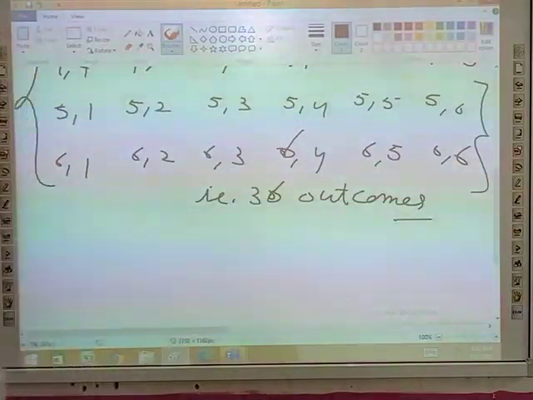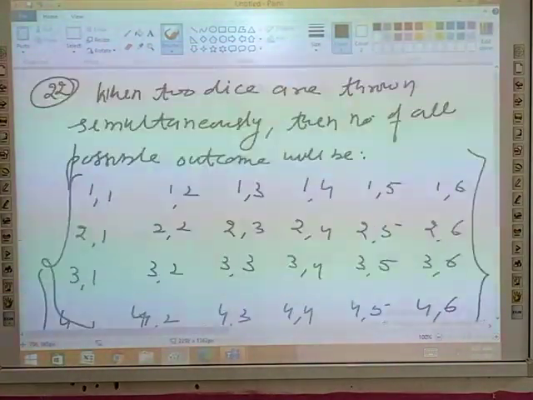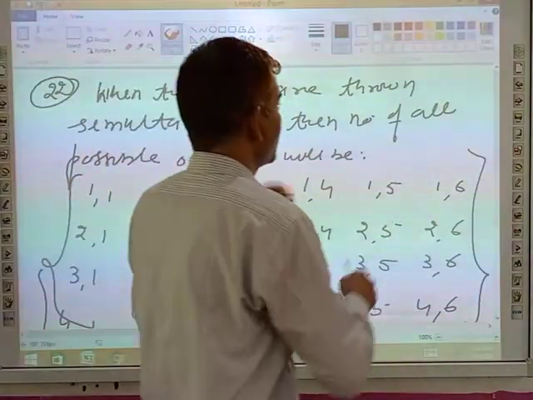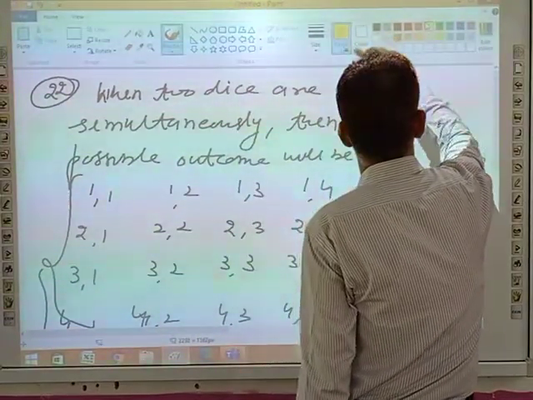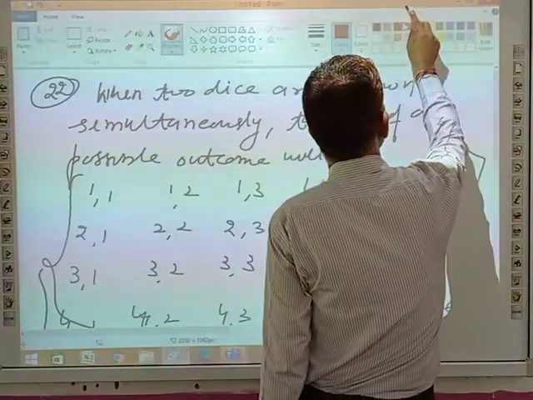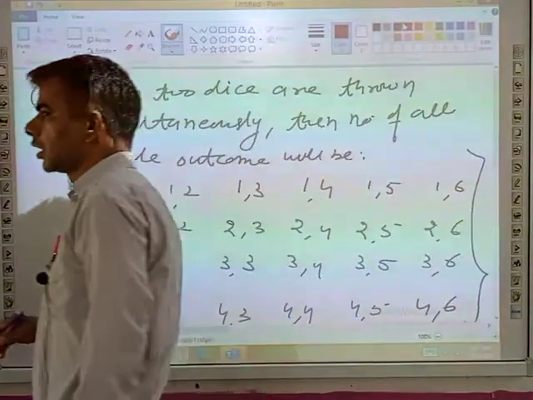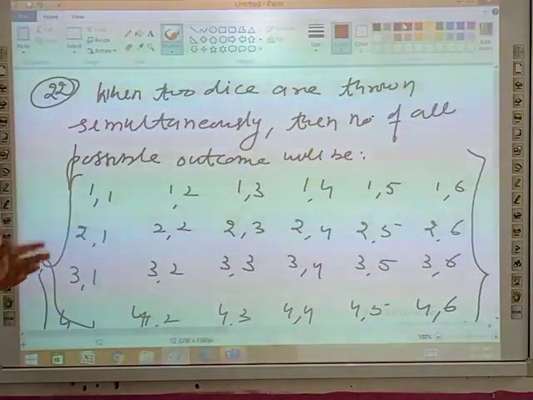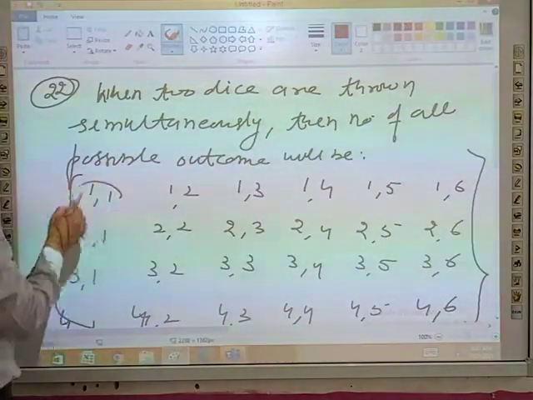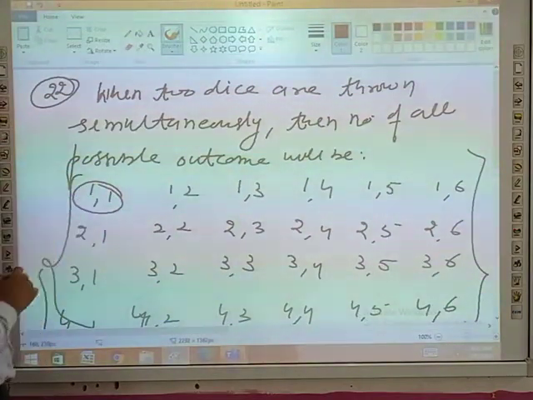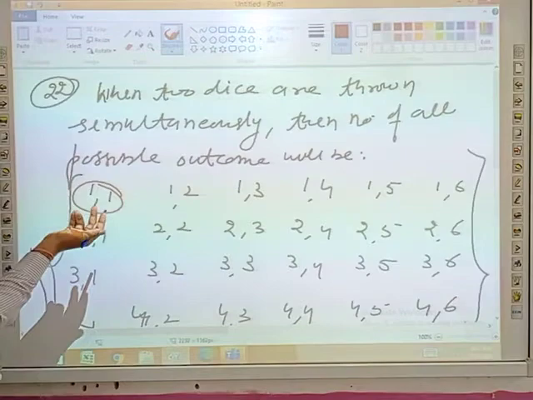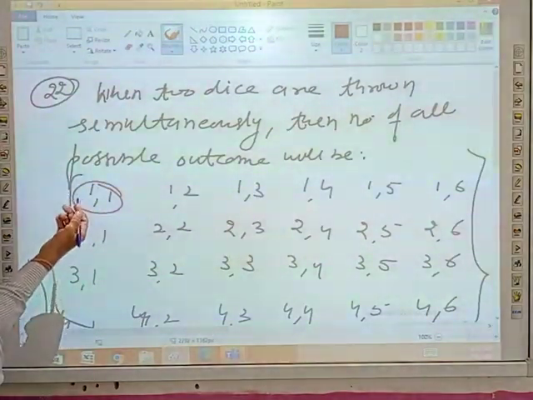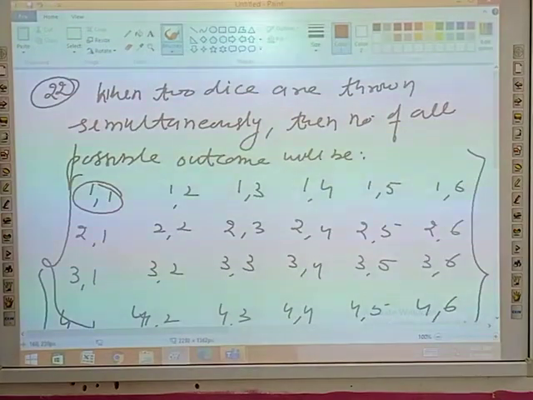Only one case: 1 plus 1 is 2. So the probability will be 1 by 36.